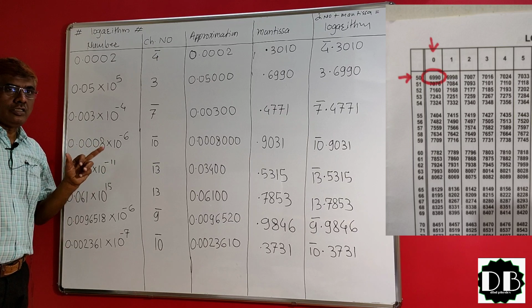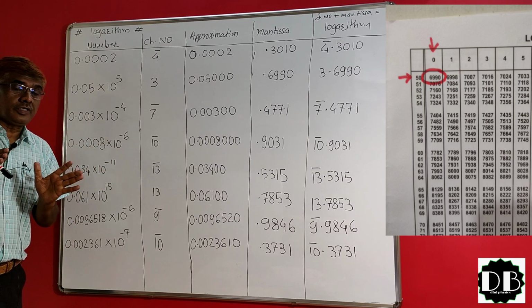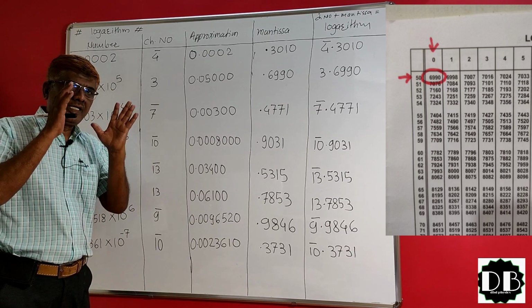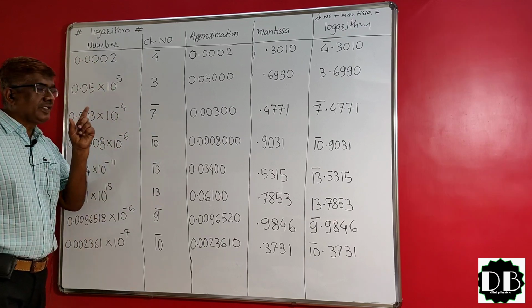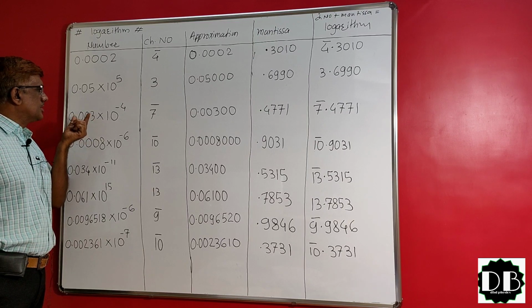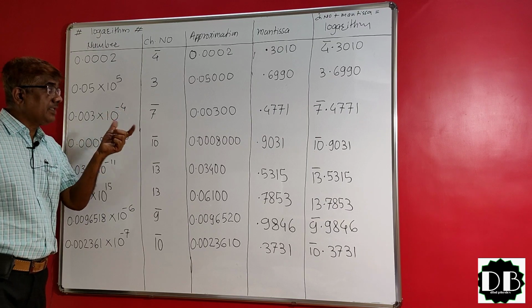Another number is 0.003 into 10 raised to minus 4. Once again, this character number is very important. Mind well, in the process of logarithm, the character number plays the major role, and that's why carefully bring out the character number first. Here the character number is bar 3, bar 4, it is bar 7.